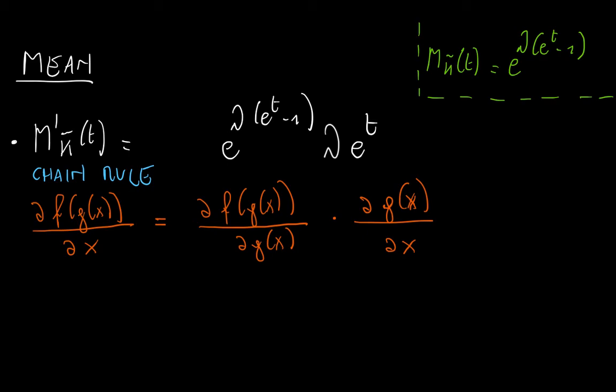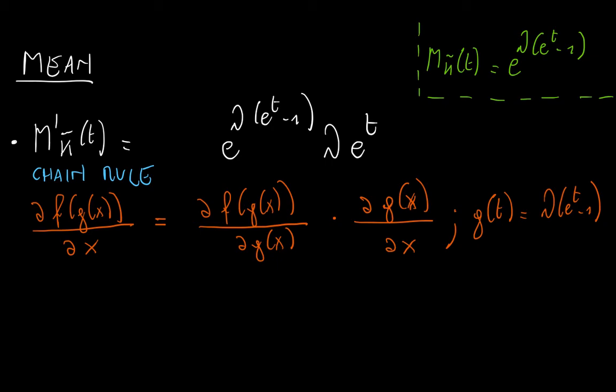So we have that our f is the exponential of lambda multiplied by the exponential of t minus 1, and then our g of t in this case is lambda multiplied by the exponential of t minus 1.